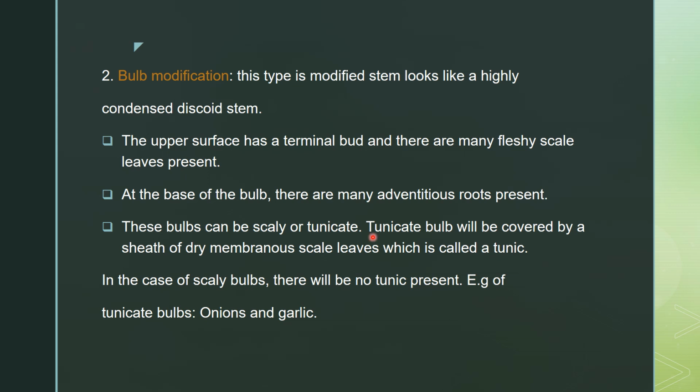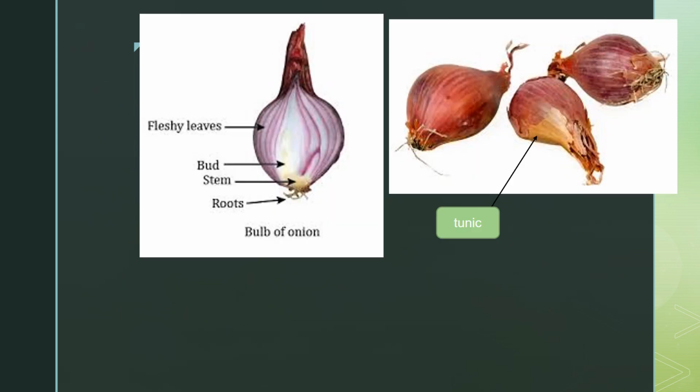In the case of scaly bulbs, there is no tunic present. Examples of tunicate bulbs are onions and garlic. This is the tunic, the dry membranous layer that covers the scaly leaves inside.